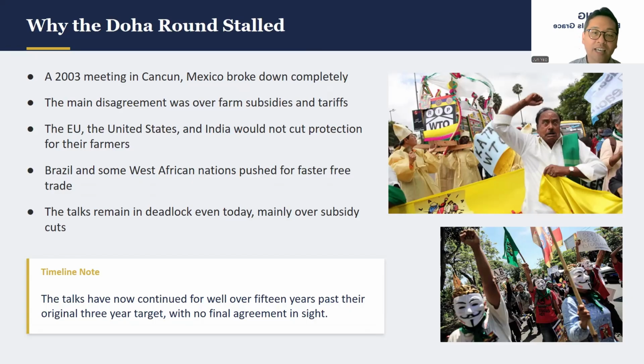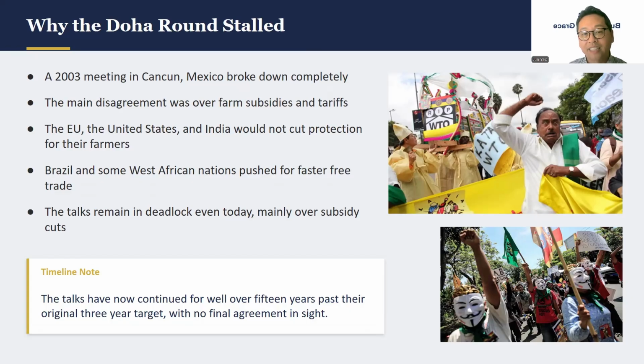This long delay is exactly why, as we'll see in the next module, so many countries are turning instead to smaller bilateral and regional deals. It's worth remembering that the Doha Round is not officially dead.